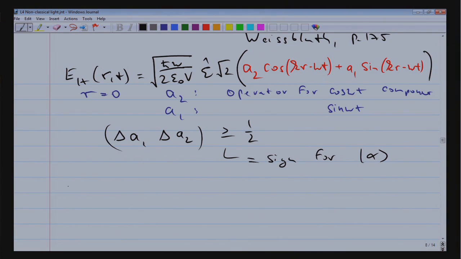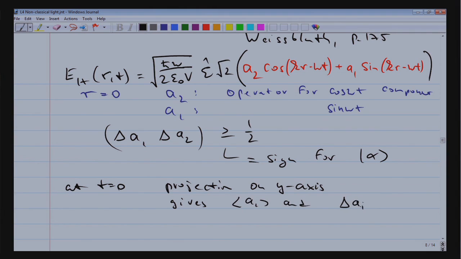So, in other words, at t equals 0, the electric field, which is obtained by projecting our quasi-probabilities on the y-axis, gives the expectation value for A1 and the variance delta A1 squared.